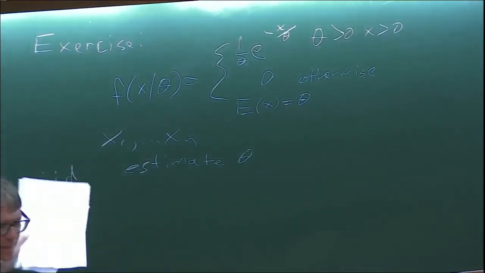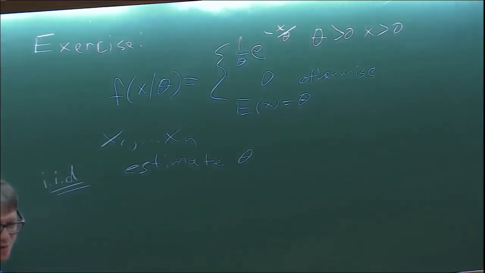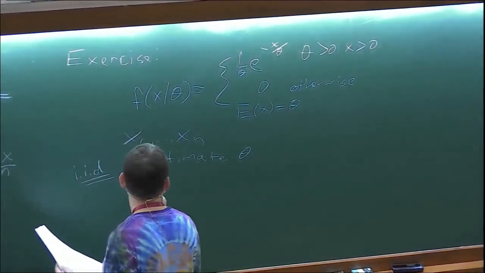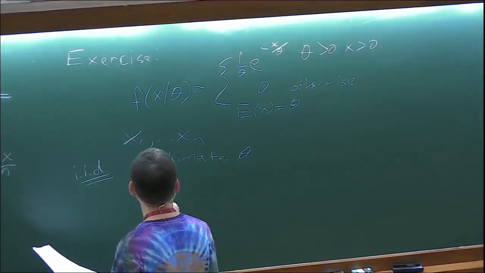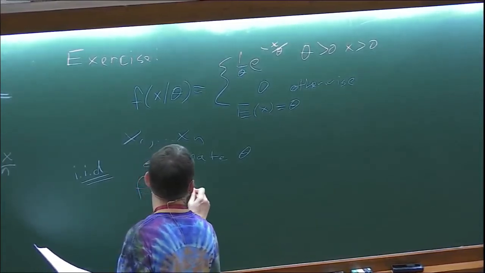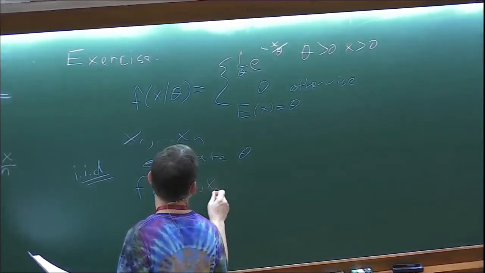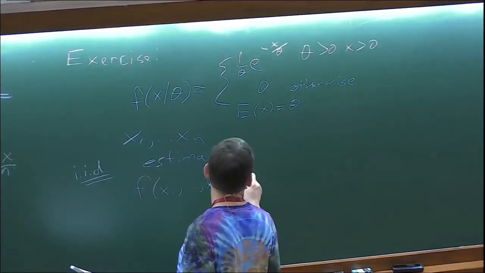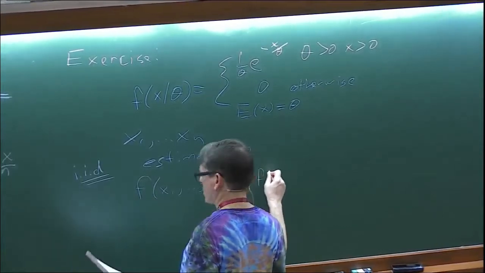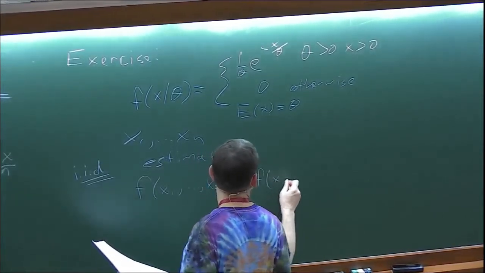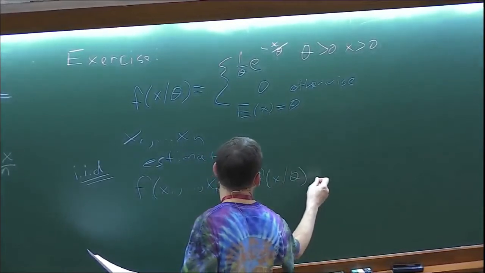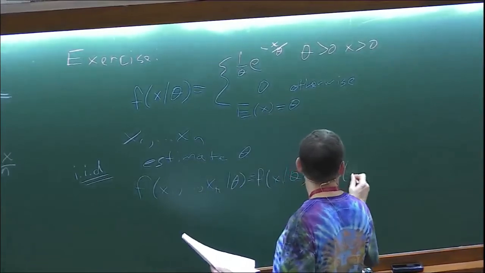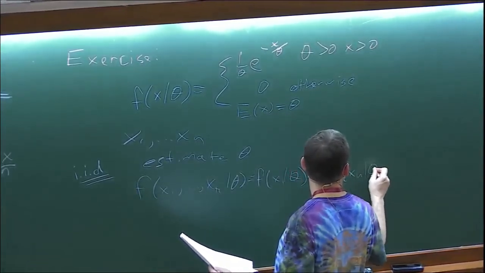This IID is something you'll see all over the place in statistics books. So the joint density of x1 to xn given θ is just a big product, f(x1|θ) times and so on up to f(xn|θ).